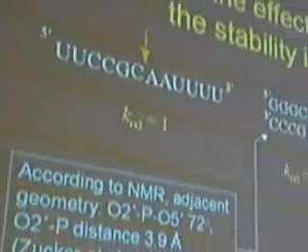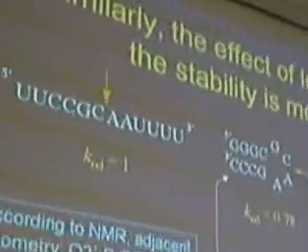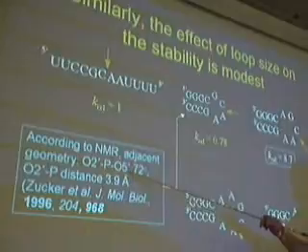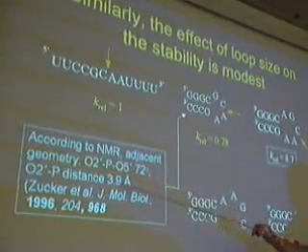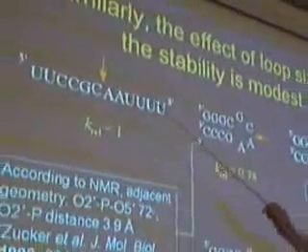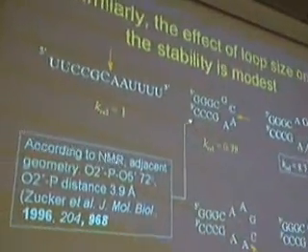There is NMR data that the conformation of this bond is such that again the angle is 72 degrees, not 180 degrees. Distance is long. Still it is cleaved almost as rapidly as in a linear structure. If we change the place or the loop size, nothing much happens. A small acceleration when the loop becomes larger. Only in one case, a much larger acceleration, but I come back to this a bit later.